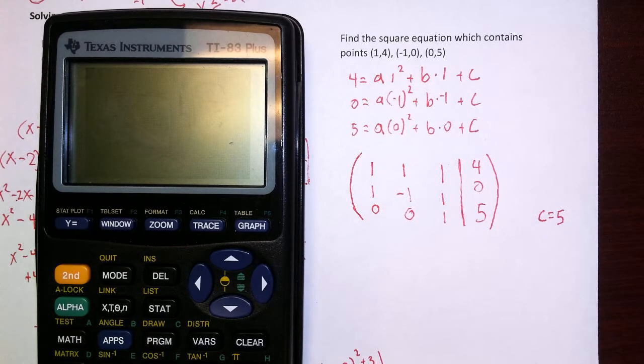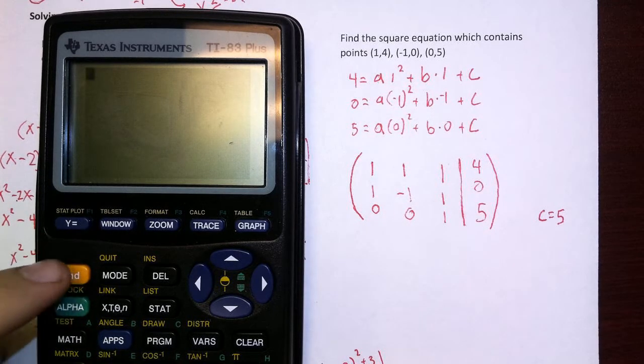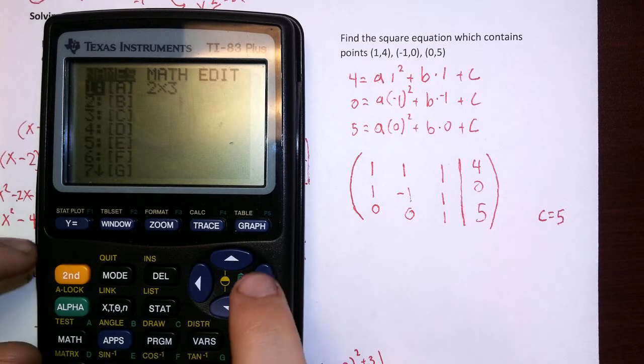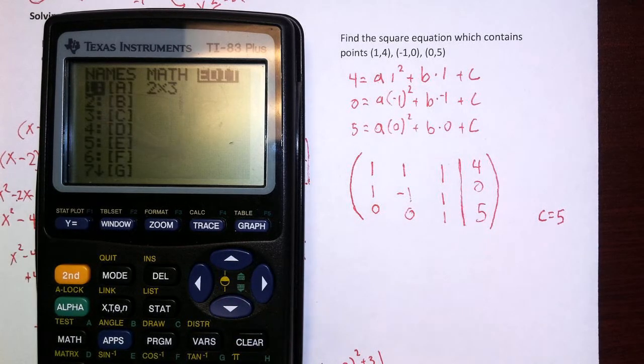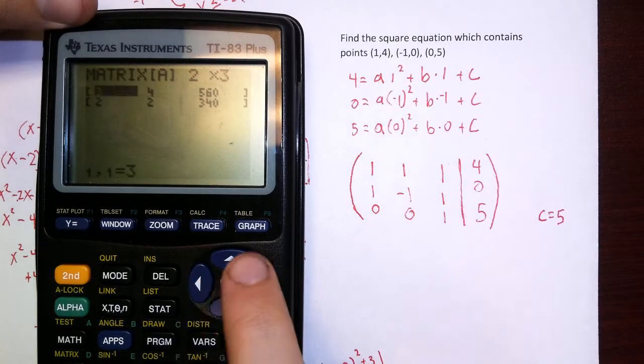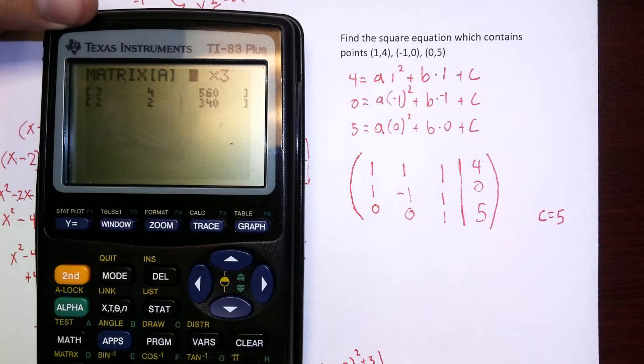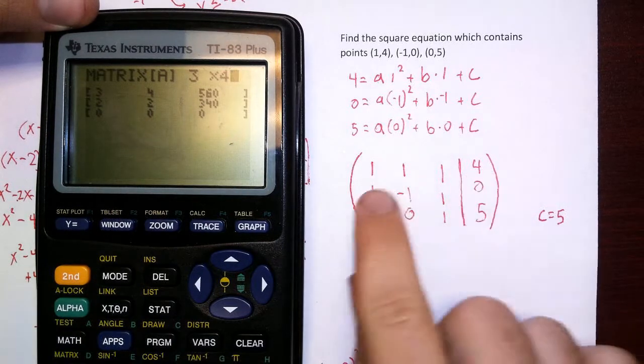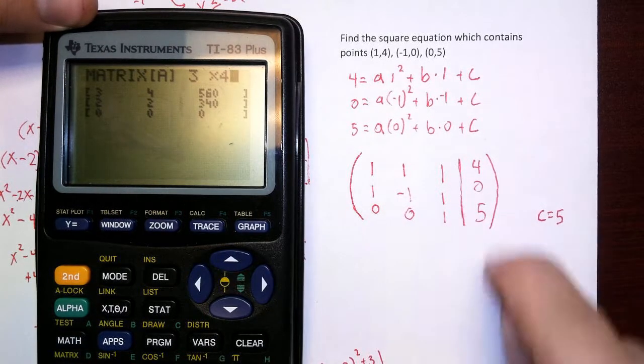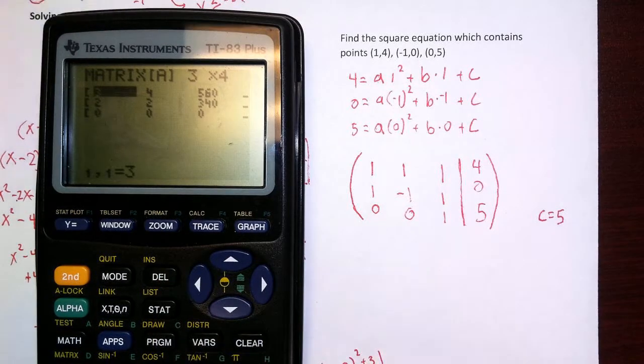But for the time being, I'm going to exercise my matrix. I'm going to use Gaussian elimination, and calculate this using a matrix. So going into my calculator, creating that matrix. Actually, we're going to have a 3x4 matrix here. We want 3 rows, 1, 2, 3, and 4 columns, 1, 2, 3, 4. Now go ahead and enter my data in.